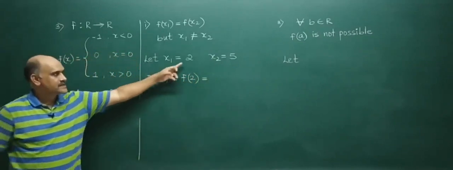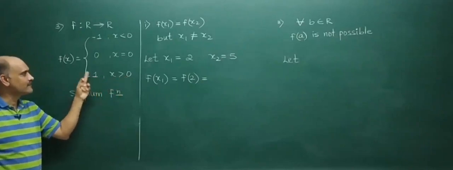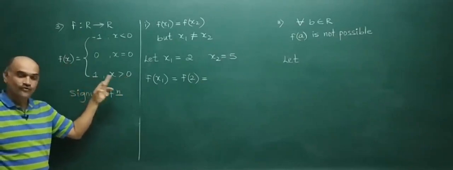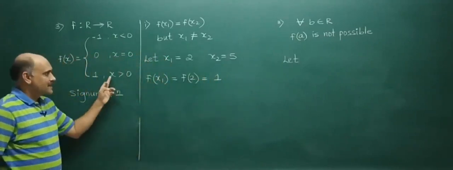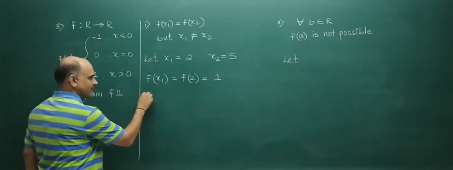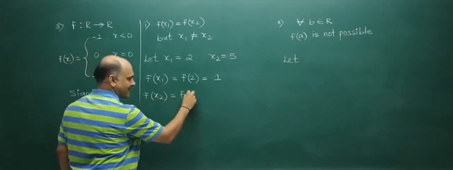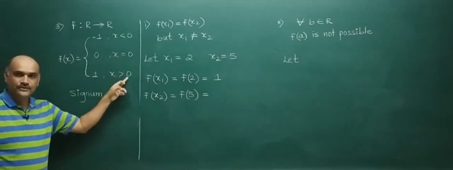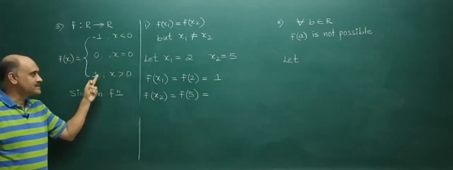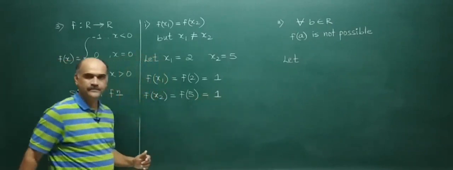As this is greater than 0, f of x will be equal to 1. Similarly, f of x2, f of 5, is also greater than 0, so its value is also 1.